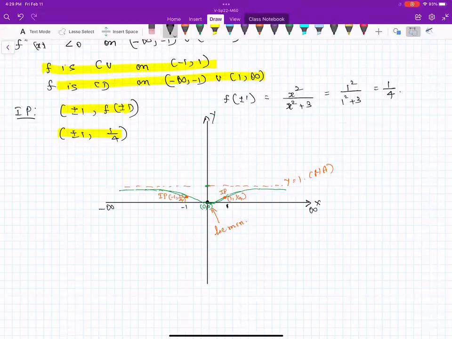The local minimum occurs at the origin, and it is concave up in the interval negative 1 to 1, and it is concave down from negative infinity to negative 1 and 1 through infinity. And the inflection points are also shown in the graph. So this is a comprehensive graph of the function using calculus techniques.